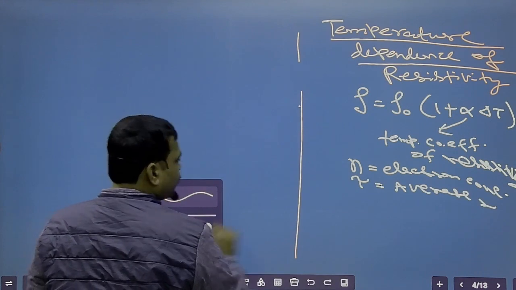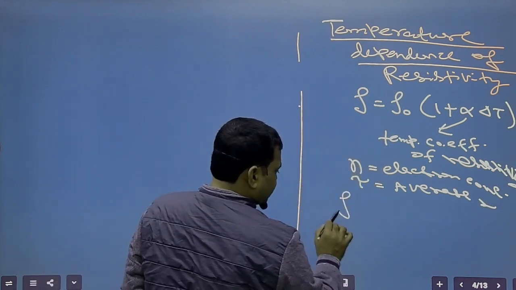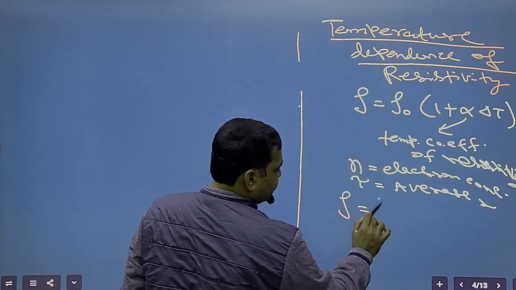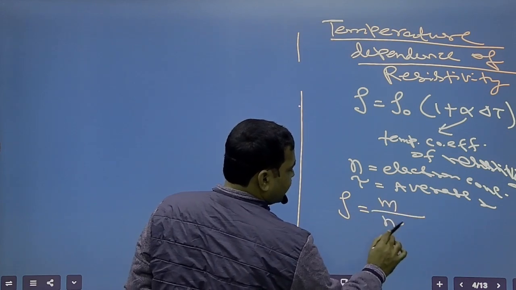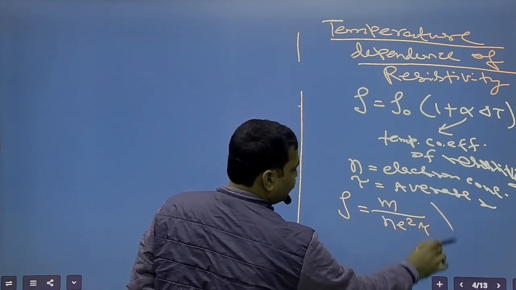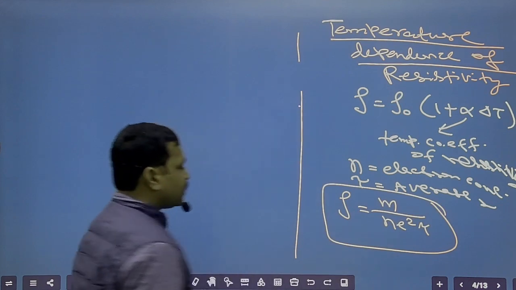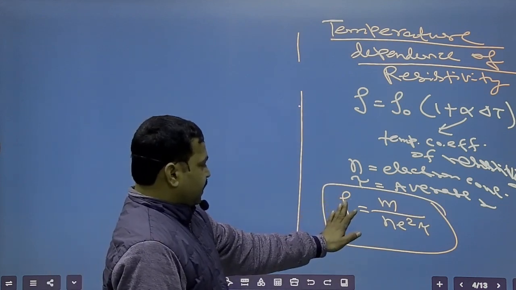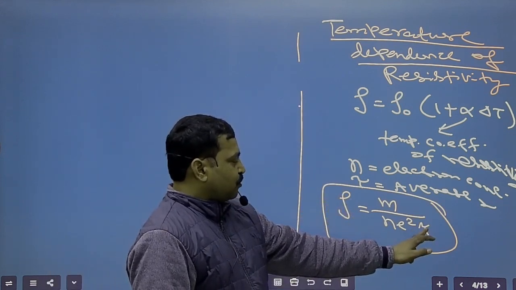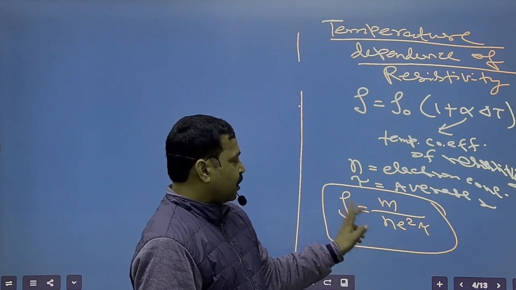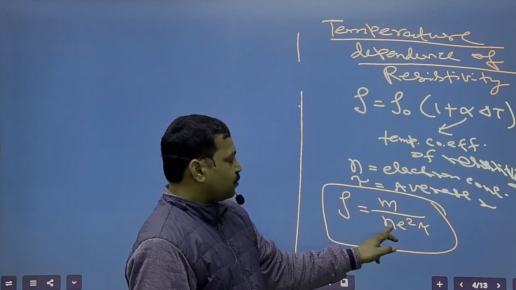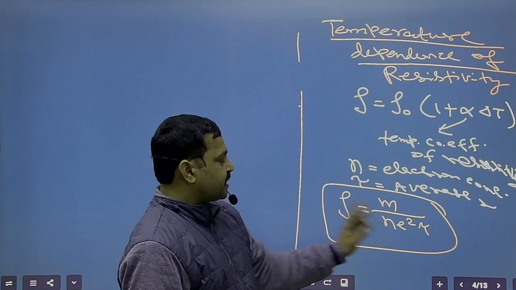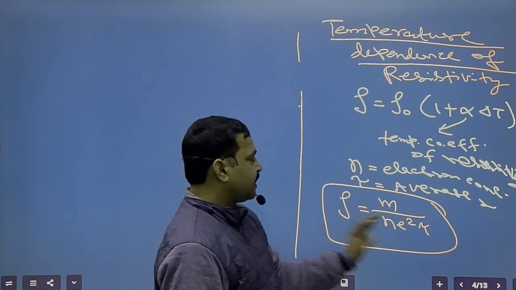So you already know from our previous classes that rho is given by m upon n e square tau. So the resistivity is inversely proportional to the average relaxation time and also inversely proportional to the concentration of the charge carriers, that is the electrons.